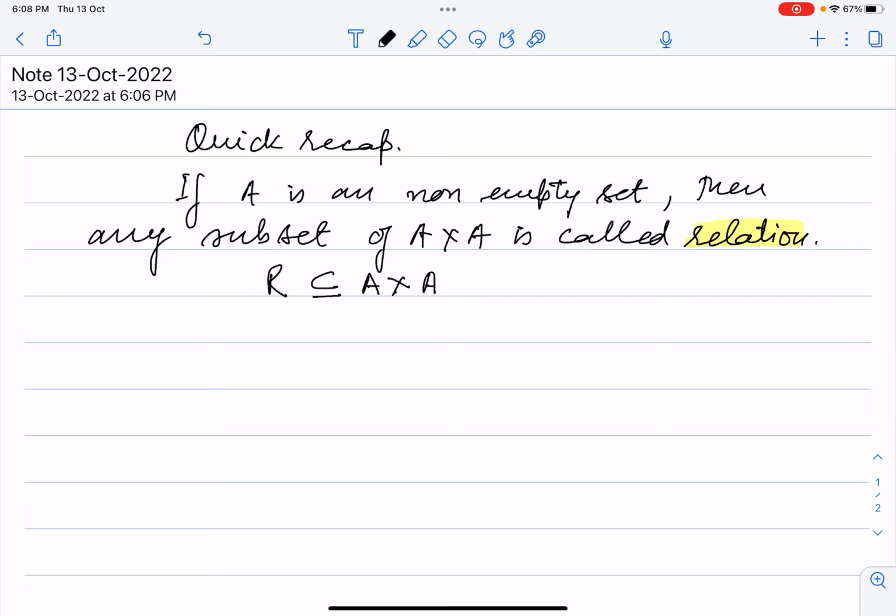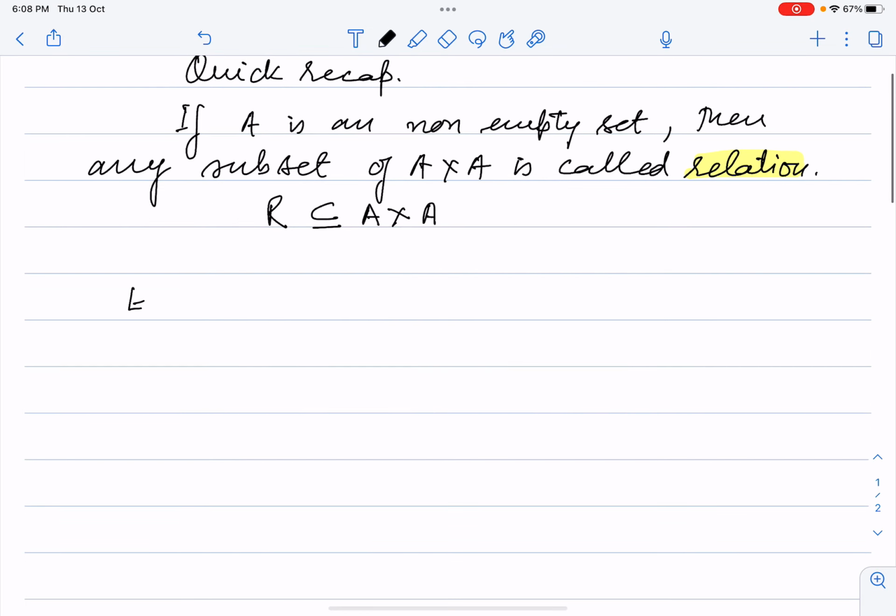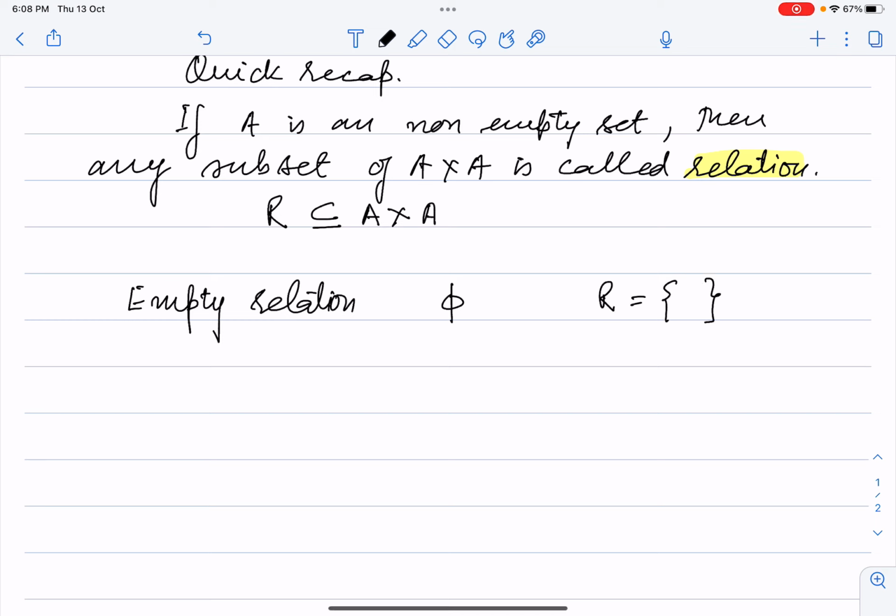One thing. Then we read what is called empty relation. Now empty relation is generally denoted like this, phi. So we can write empty relation as R is equal to curly brackets with nothing in them, or R is equal to phi.